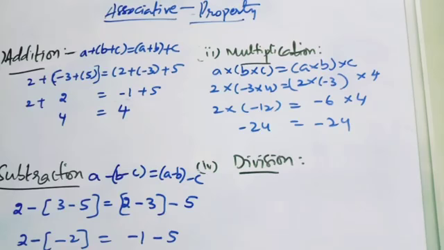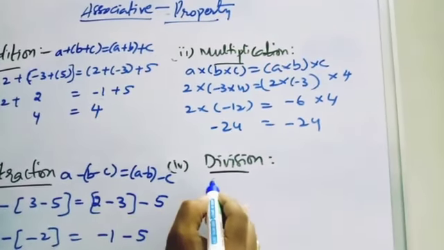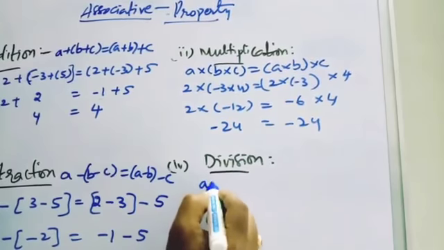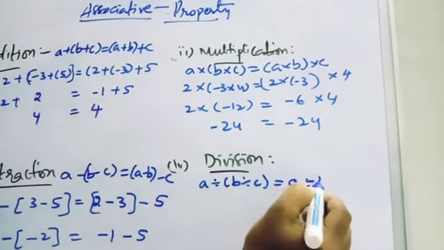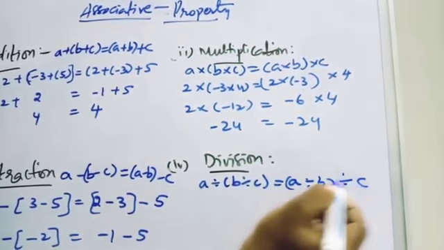So from this example we can say that multiplication is associative for integers. The next one is division. The property states that a ÷ (b ÷ c) should equal (a ÷ b) ÷ c.